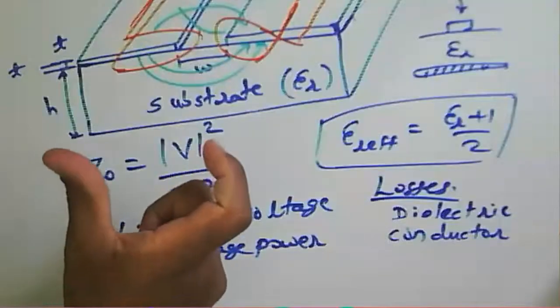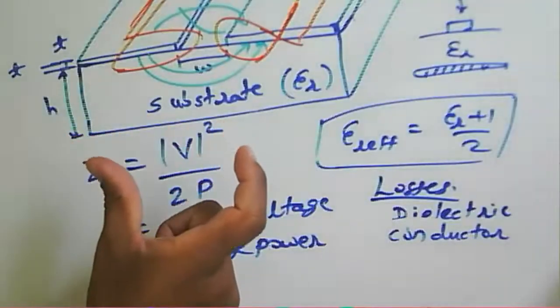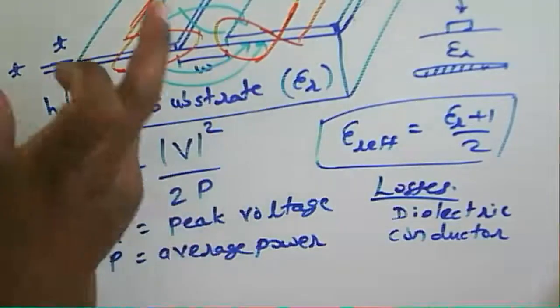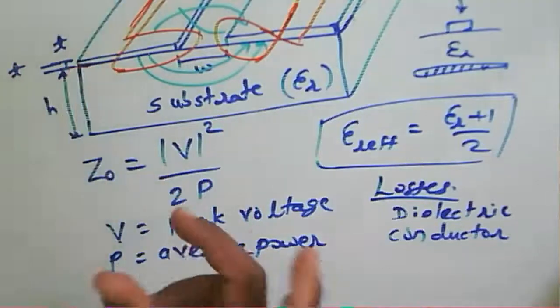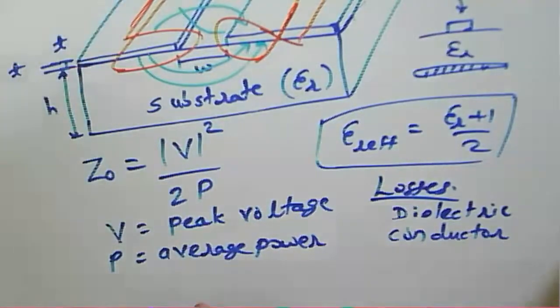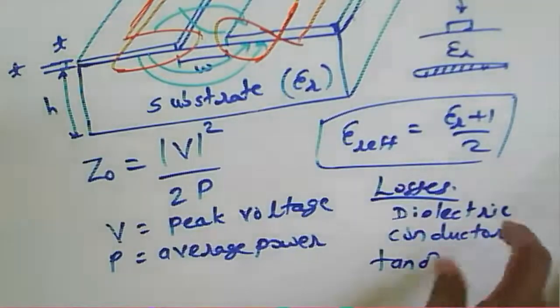The dielectric loss of this particular substrate or this particular slot line can be obtained through the loss tangent value, that is tan delta. That is about the skin depth. So this way we can calculate the dielectric loss in the slot.